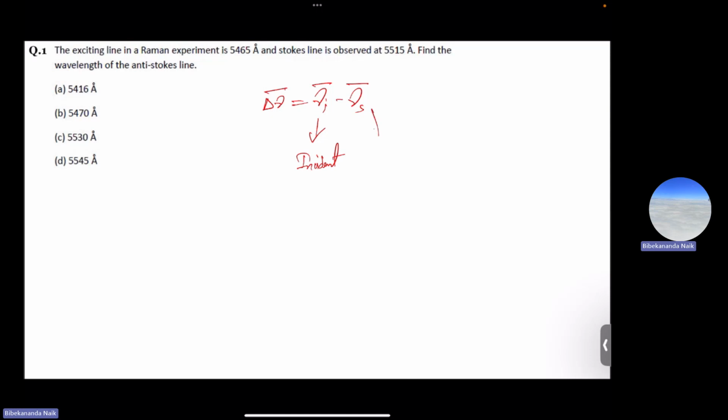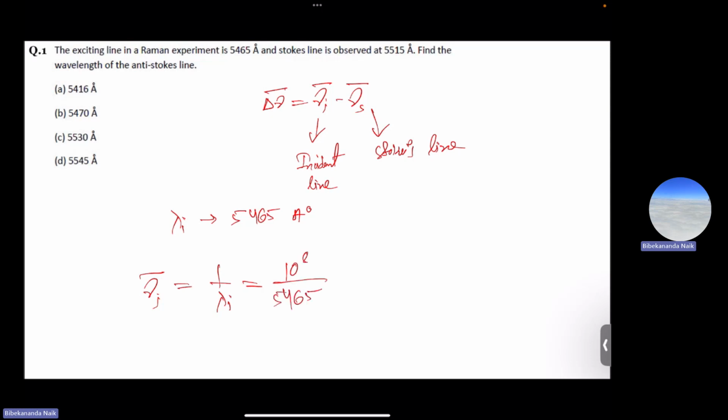Now, this is incident line. This is Stokes line. Now, we know lambda I is given. It is 5465 angstrom. Now, nu bar I will be 1 by lambda I, which will be 10 to the power 8 divided by 5465 centimeter inverse, which is 18298.26 centimeter inverse.